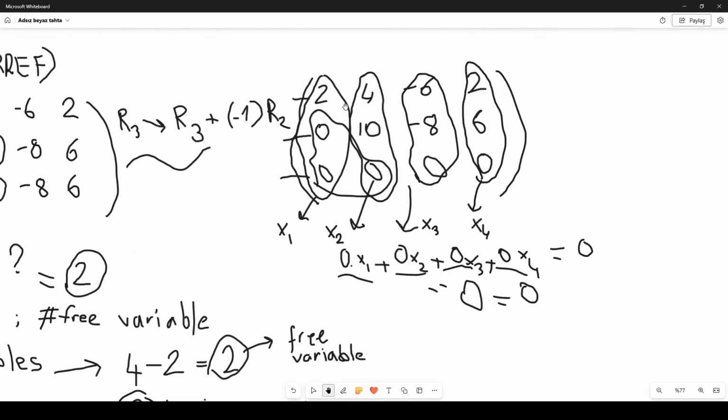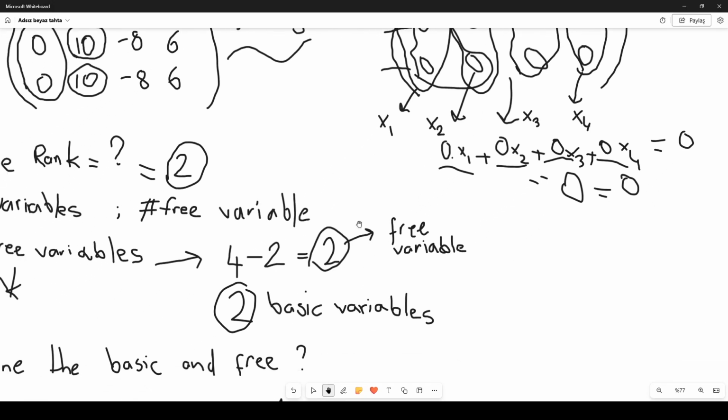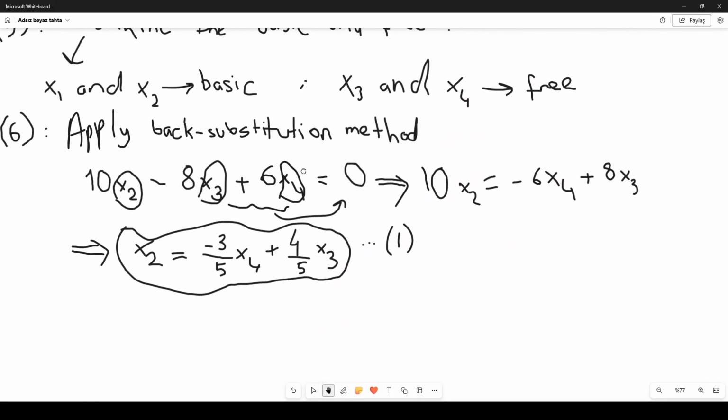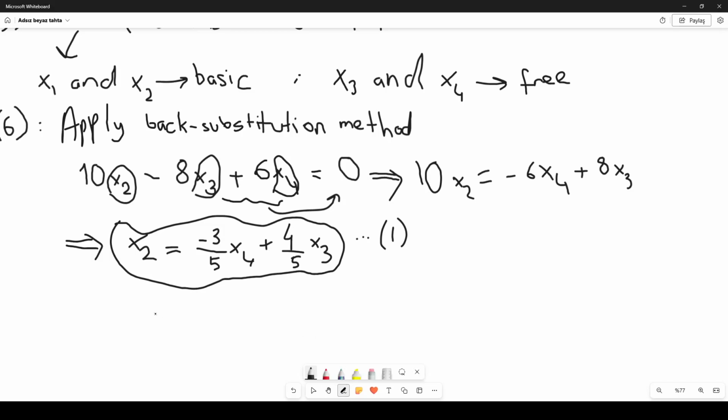Now I also have the first row, so I will use it. We got 2, 4, minus 6 and 2. Let's write the unknown variables: 2x1 plus 4x2 minus 6x3 plus 2x4 is equal to 0.